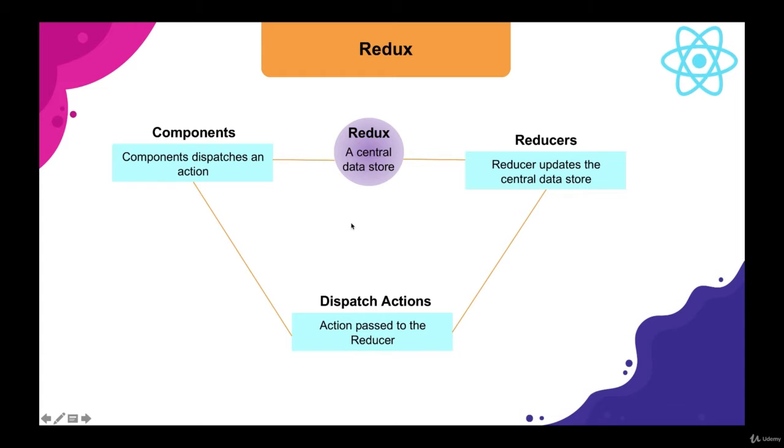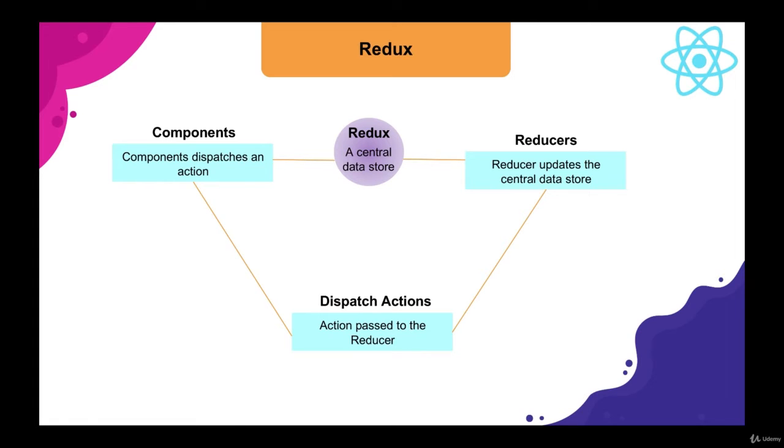So now if we want to make a change to the store state, we have to dispatch an action from the component, and that action is going to contain a type. For example, a delete card or an edit card or whatever we're going to want it to be. And it's going to contain an optional payload. So in the case of deleting a card, the payload could be the ID of the card that we want to delete.